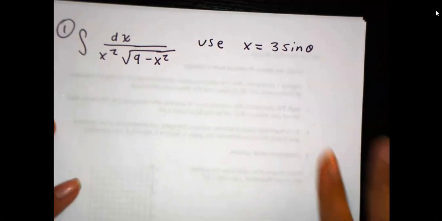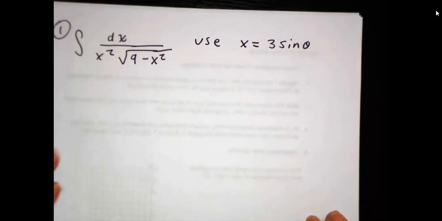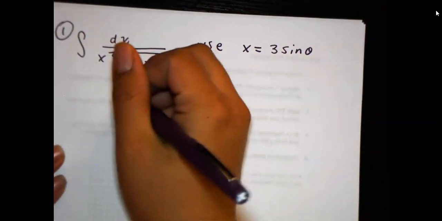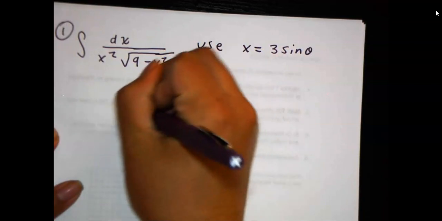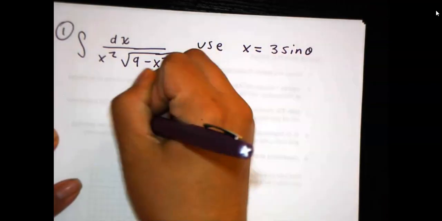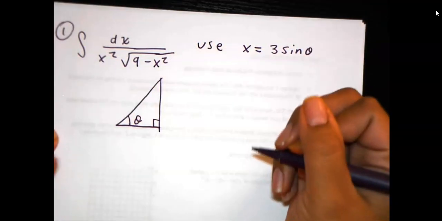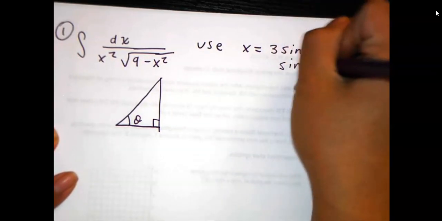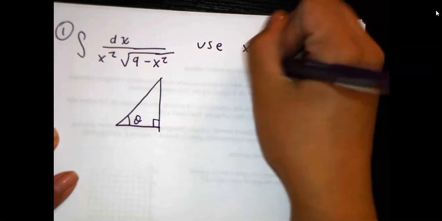Let's use x equals 3 sine of theta. I'm going to draw a right triangle and identify theta. I can rewrite this as sine of theta equal to x over 3.